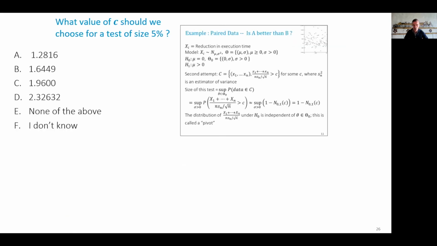In fact, which value of the threshold C would you give if you want to have a test of size 5% here? So we will conclude this first hour with this quiz.